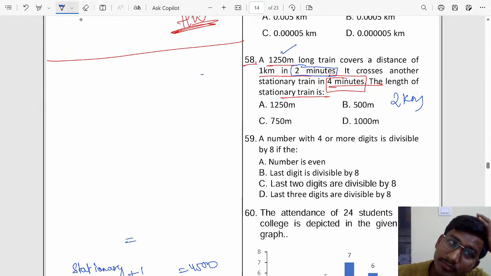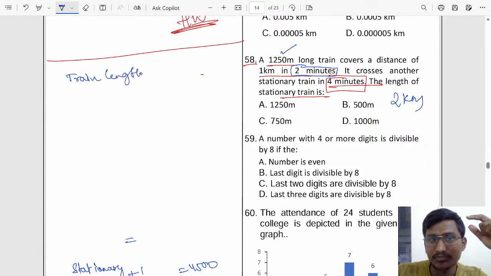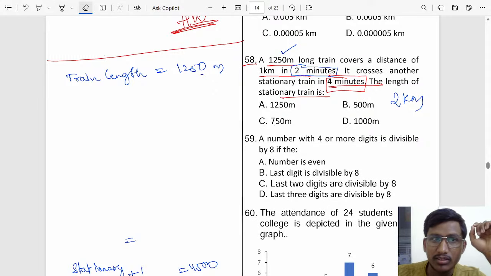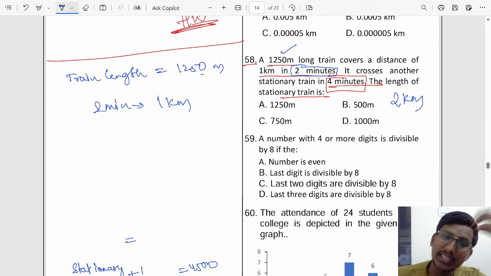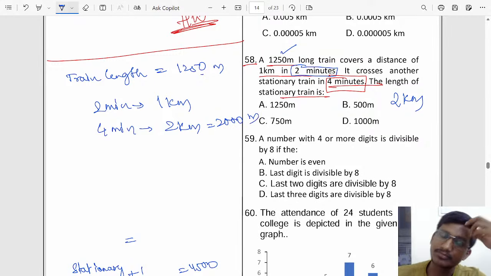So this is the train length, 1250 meters. In 2 minutes it's covering 1 kilometer, so in 4 minutes it will double and cover 2 kilometers. 2 kilometers means 2000 meters.